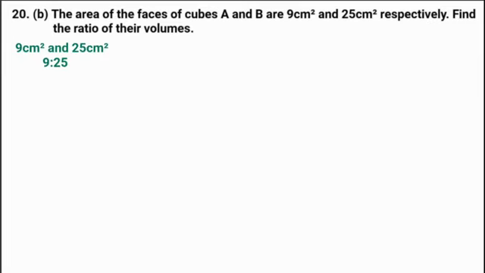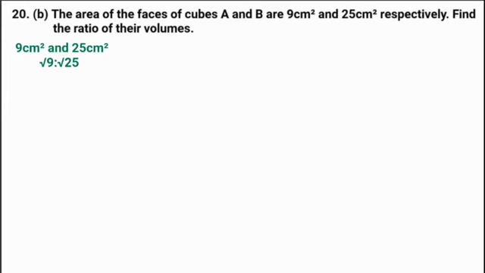These are areas, which means they have been multiplied by 2 dimensions. So to find the value of 1 dimension, we find the square root of each. As you can see, these are square numbers.